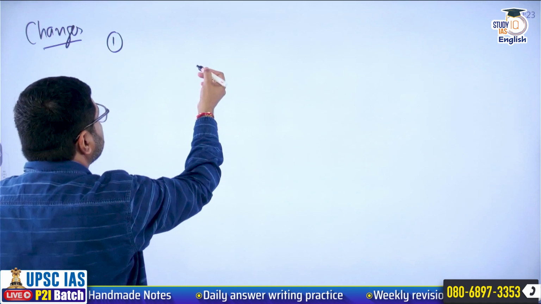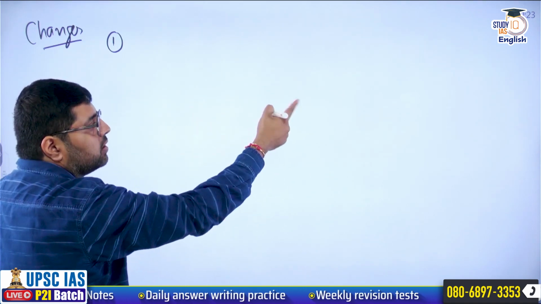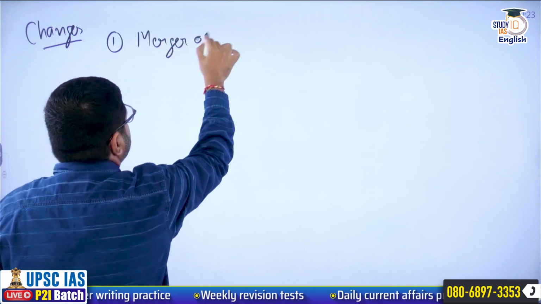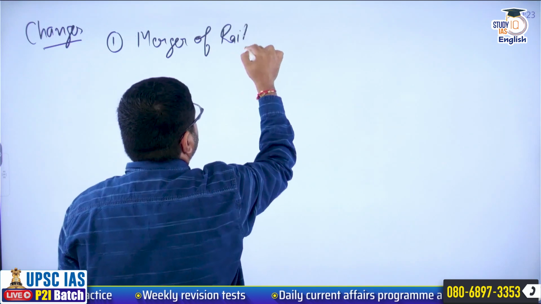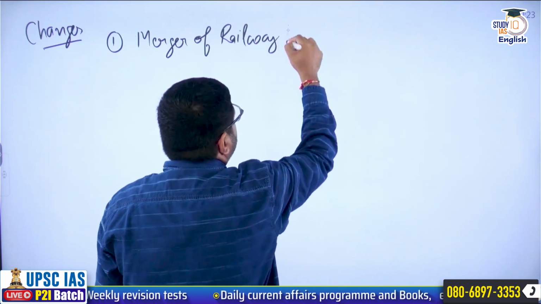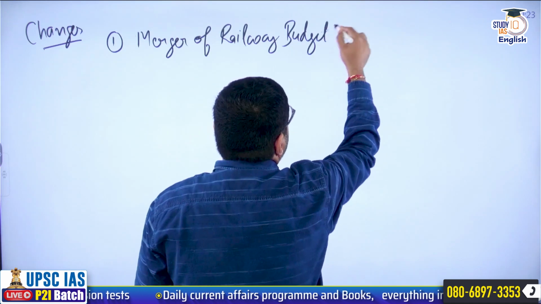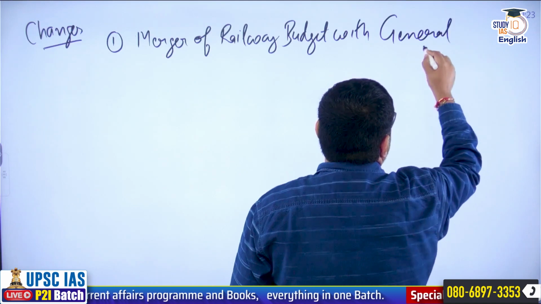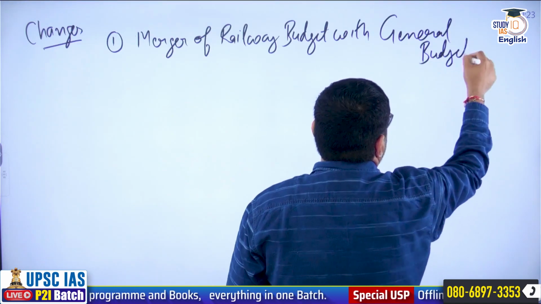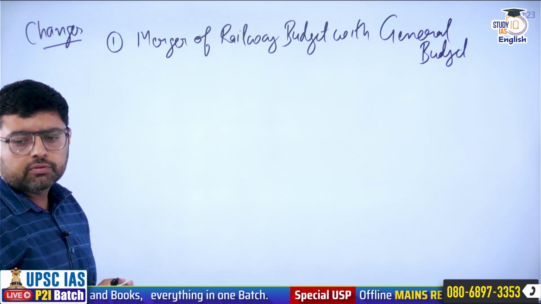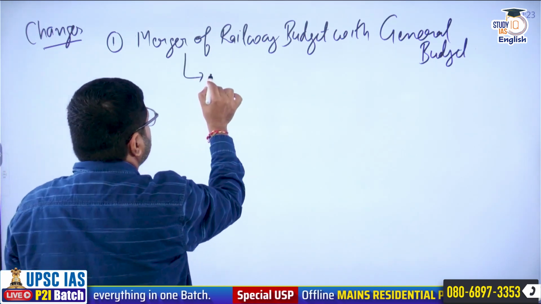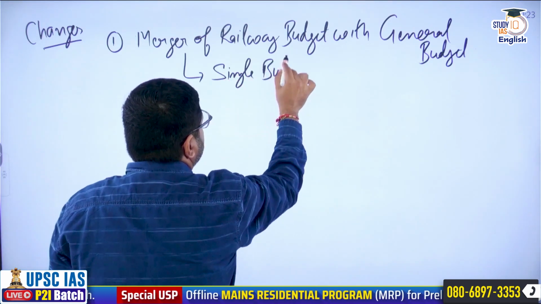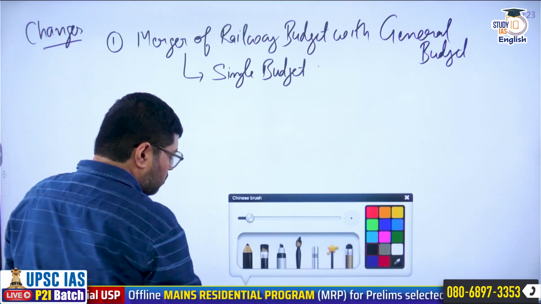First is the merger of the railway budget with the general budget. Clear? So this is the first change that we have brought. We can say with surety that now we have a single budget. This is what you first have to remember.